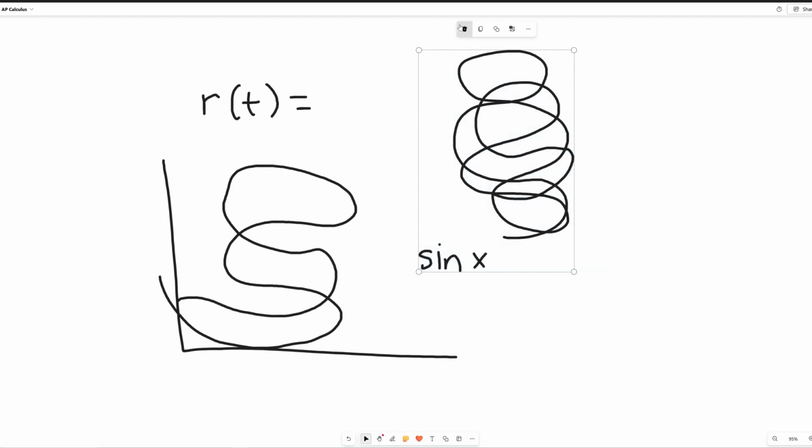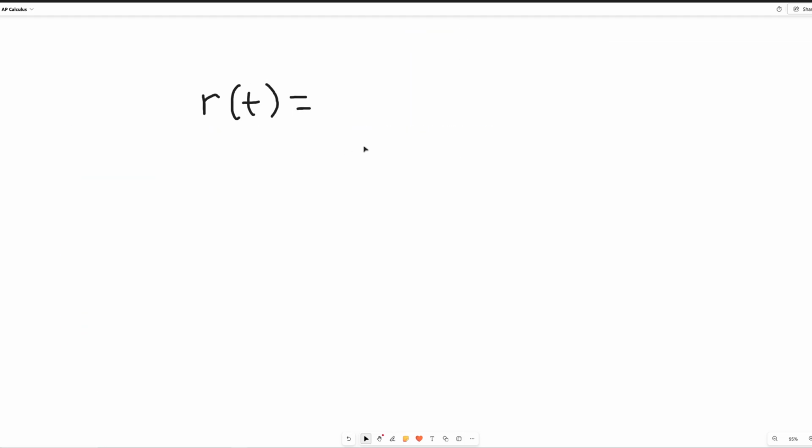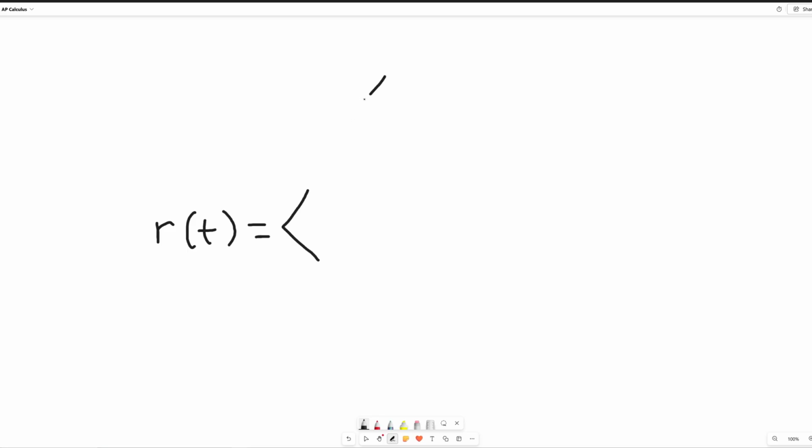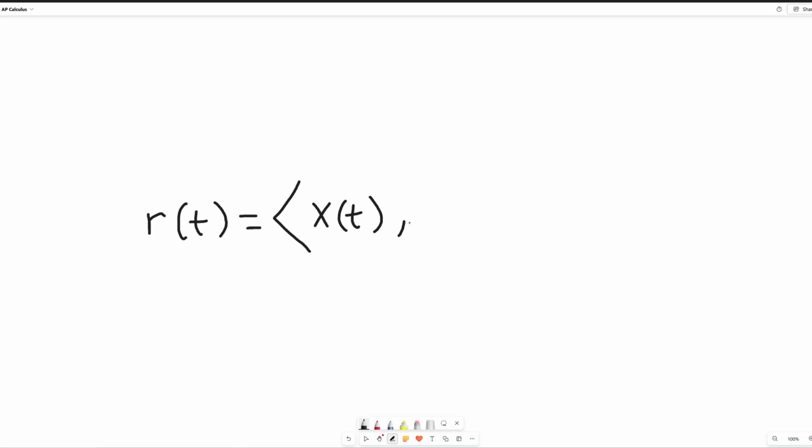So a vector valued function is just a function made up of two parametric equations. You write it with this little angular bracket right here, and you just write it as x of t, y of t.